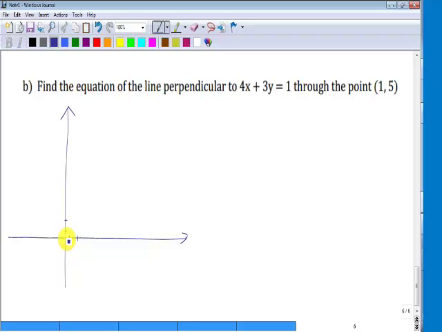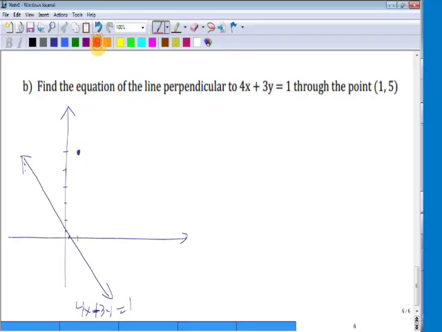So I'm thinking the line that's given looks something like that. We're going to say that's 4x plus 3y equals 1. The line we're looking for, perpendicular to this, goes through the point 1, 5. So 1, 2, 3, 4, 5. 1, 5, about right there.